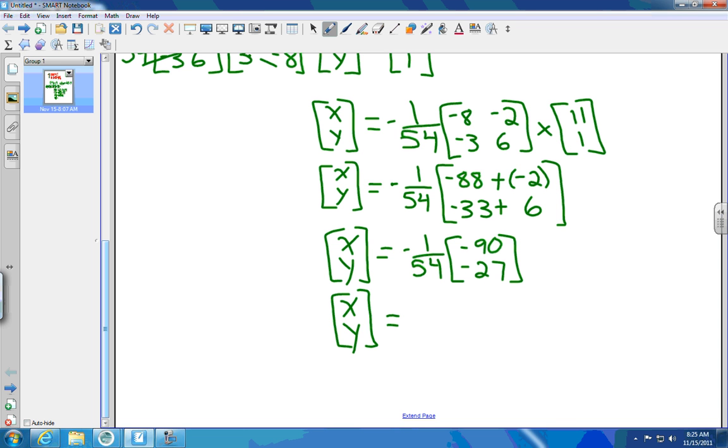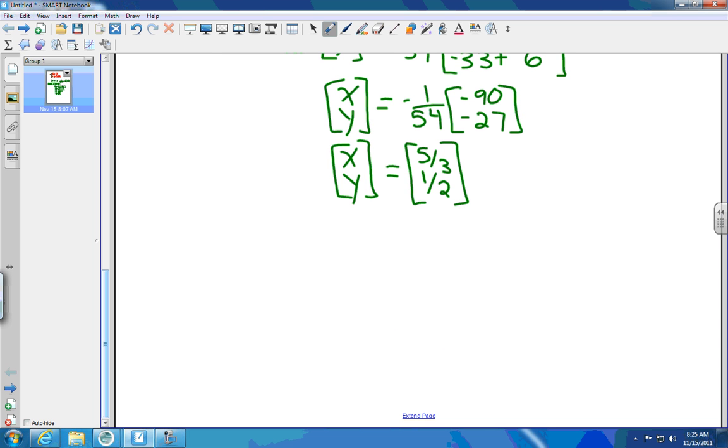So -1/54 times -90 should give you 5/3. And -1/54 times -27 will give you 1/2.